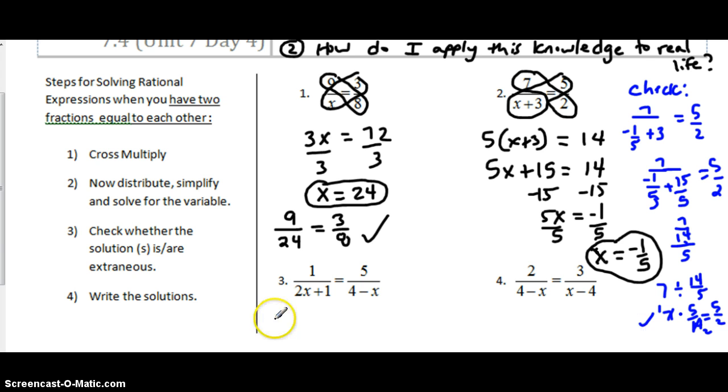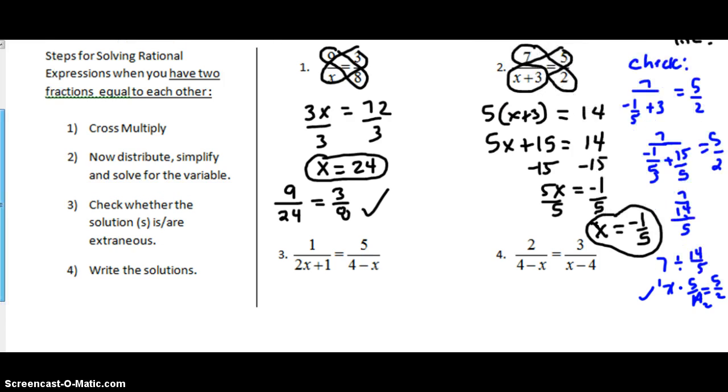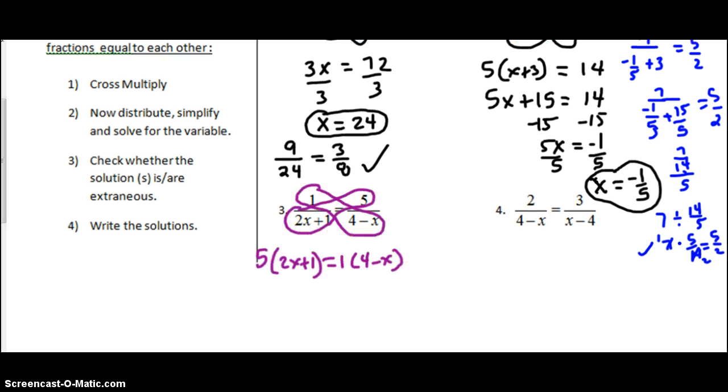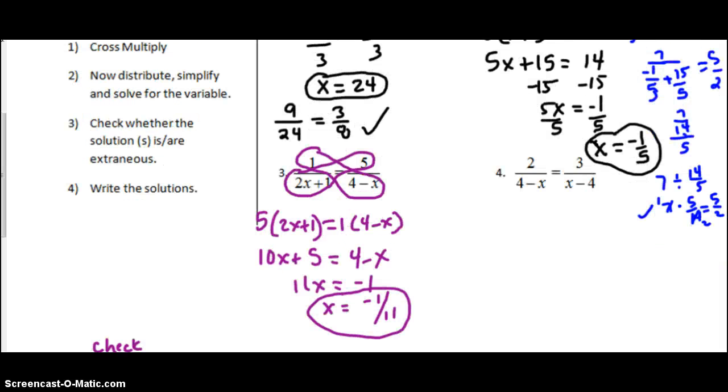Number 3, I want you to go ahead and try on your own. Cross multiply and check your answer. When you cross multiply, you should have 5 times 2x plus 1 equals 1 times 4 minus x. Now you distribute, simplify, and solve.